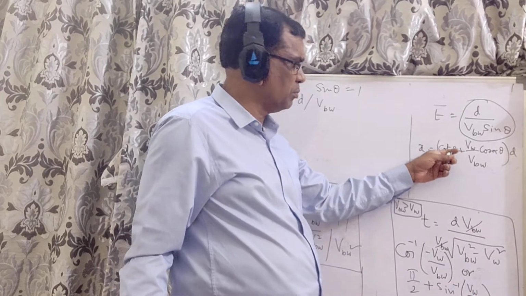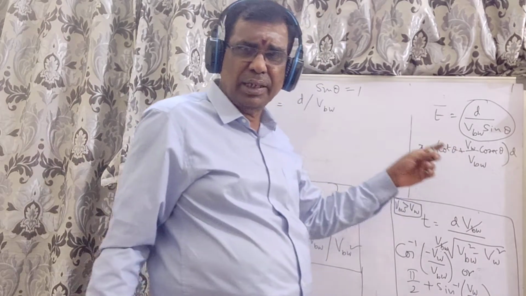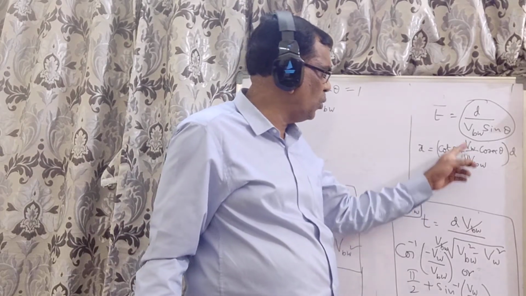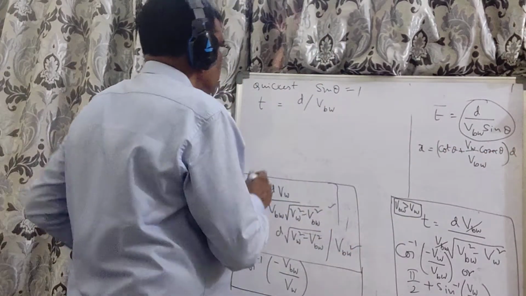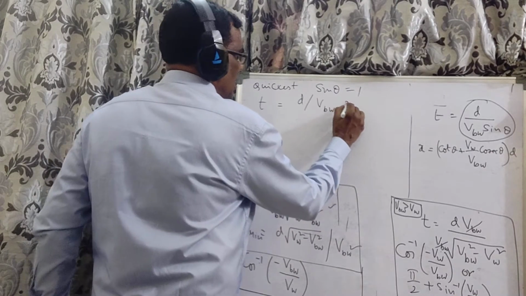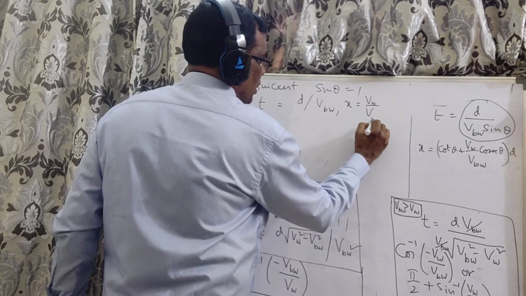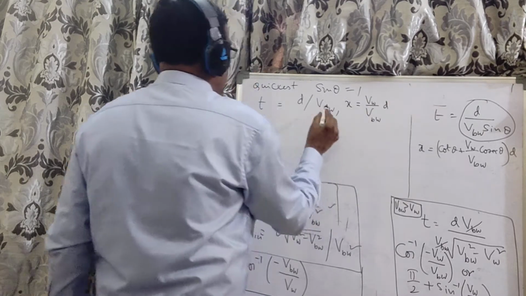What about this? Cot theta, cos 90 is 0, cot 90 0. So you get only VW by VBW, X drift is equal to VW by VBW into D.